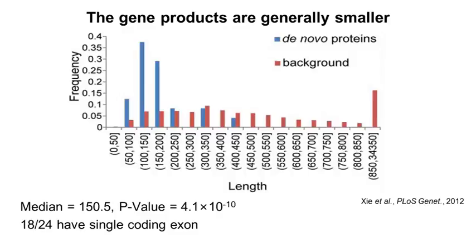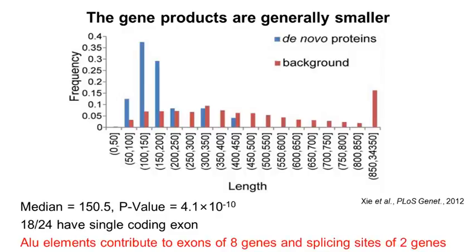18 of the hominoid-specific genes have single coding exons in human, whereas most human genes have multiple exons. Interestingly, similar to the case of FLJ33706, Alu elements contributed to the creation of exons in 8 genes and the creation of splicing sites in 2 genes, highlighting again the importance of repetitive elements in the creation of new genes.